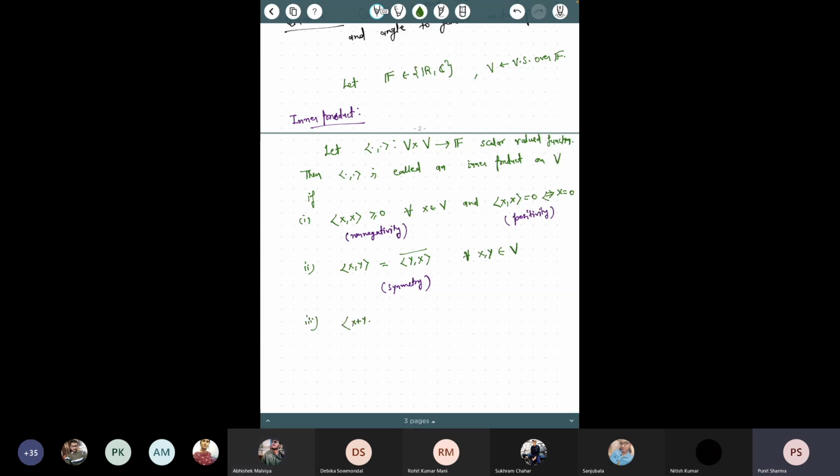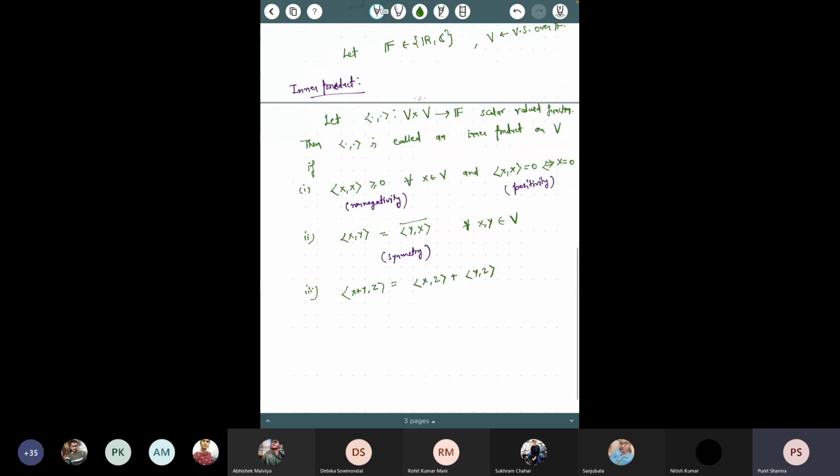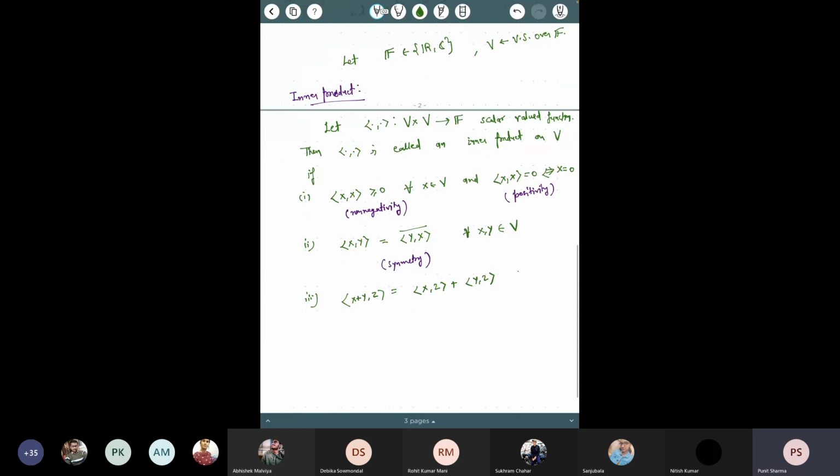The third one is that when you take the inner product of x plus y with z, it satisfies this one. This is true for all x, y, z in V. Similarly, the inner product of alpha x with y is equal to alpha times the inner product of x with y, for all x, y in V and alpha in F. These two properties are called linearity in the first component of the inner product.